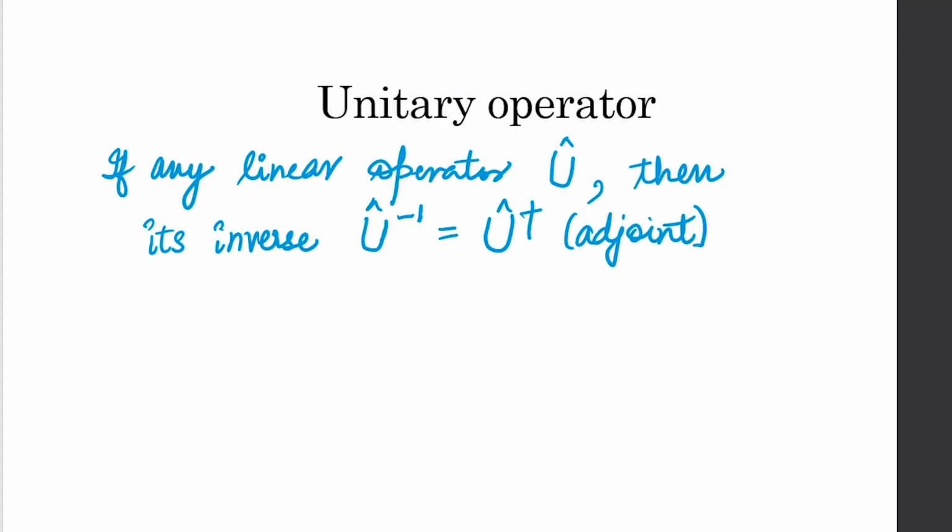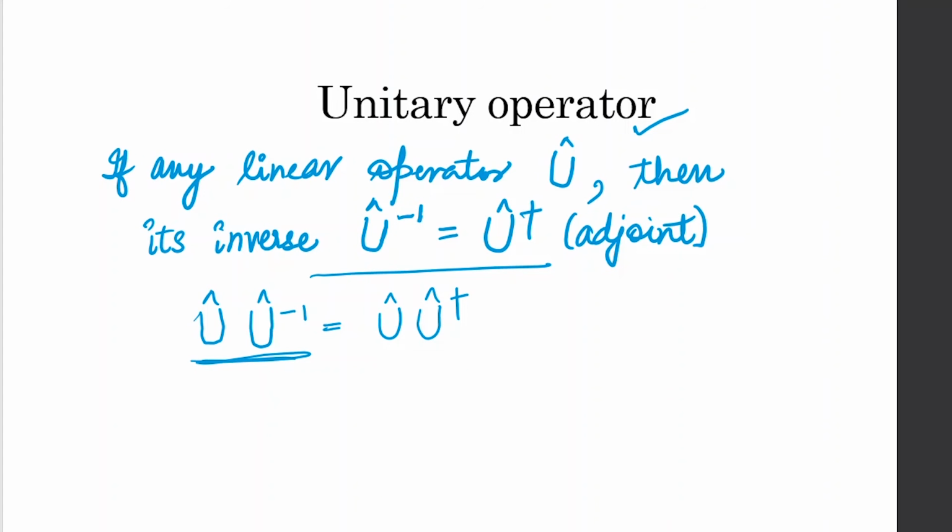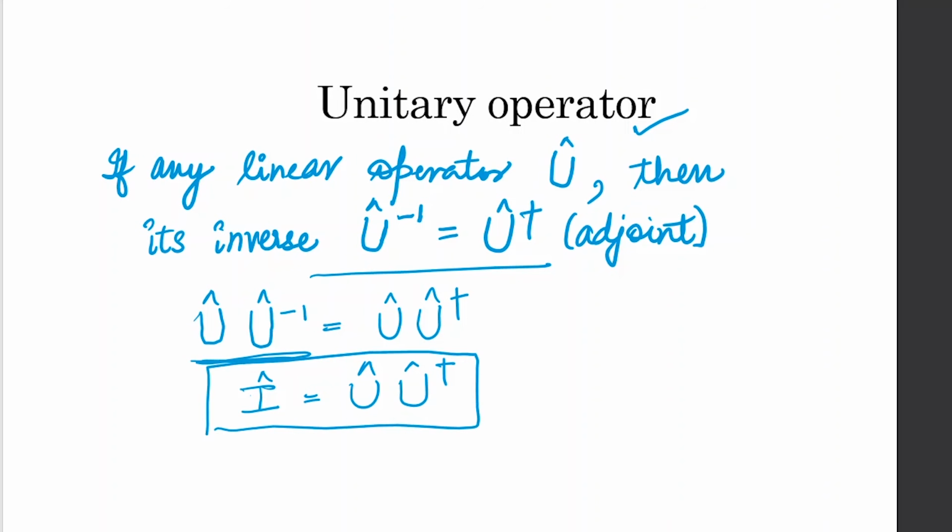If any operator fulfills this relation, then such an operator is called a unitary operator. If we multiply by the original unitary operator U on both sides, we can write U into its inverse as the unit operator. So if we multiply the original with its adjoint operator, we get the unit operator.